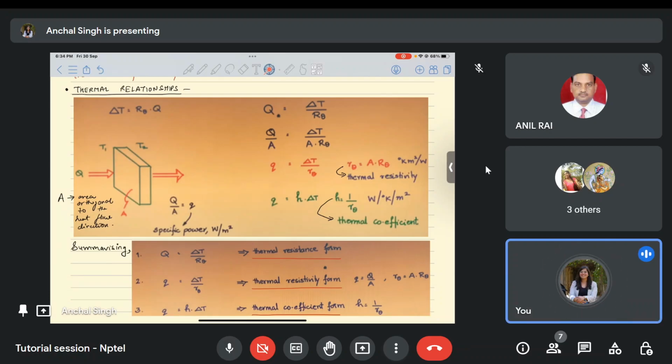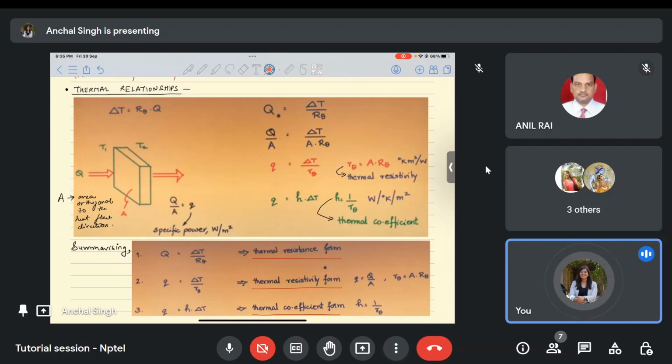Then Q equals delta T by R theta, and you can convert this expression into multiple kinds of expressions that are already available. If you know this orthogonal area, the area orthogonal to the heat flow direction, and you divide Q by A, then it is called a specific power.